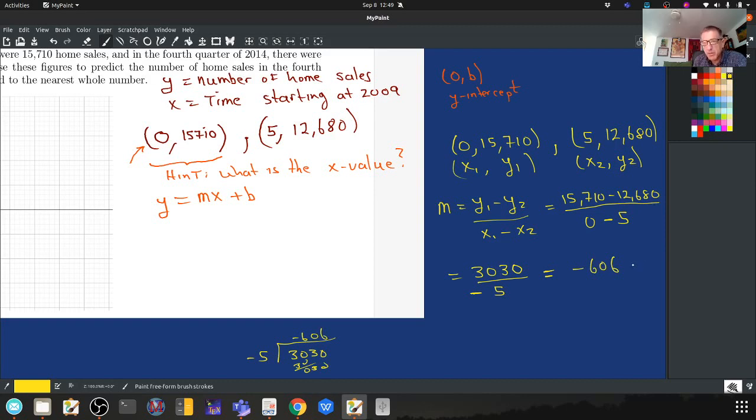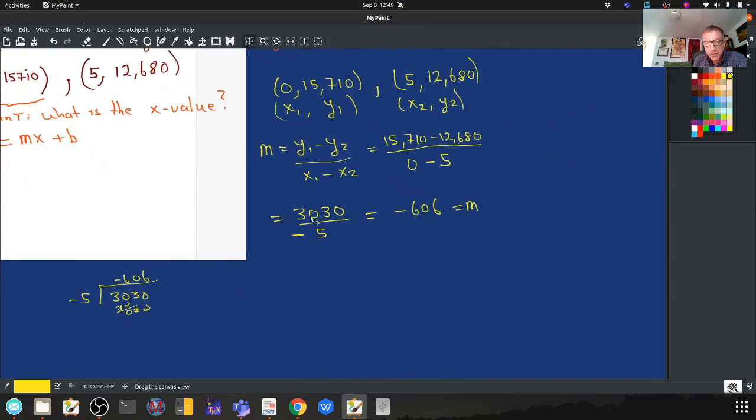So that's my slope, that's my m value. That's something I expect you should be able to divide, 3030 by minus 5.